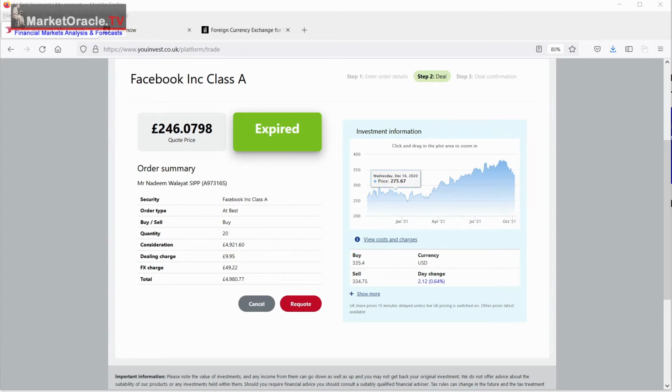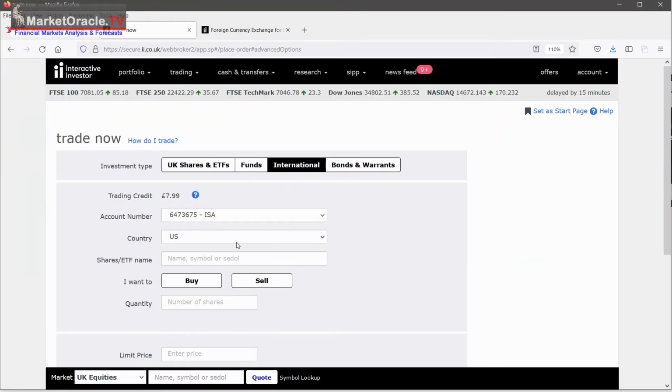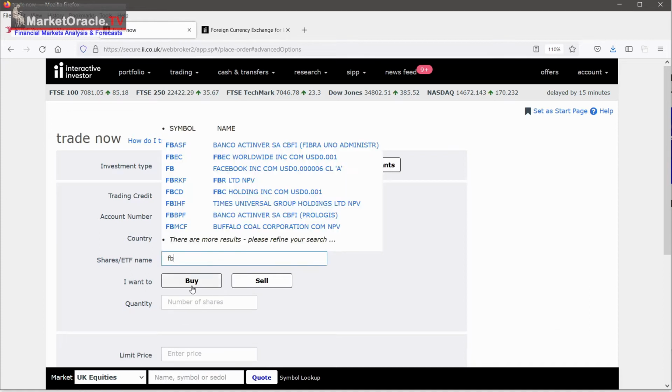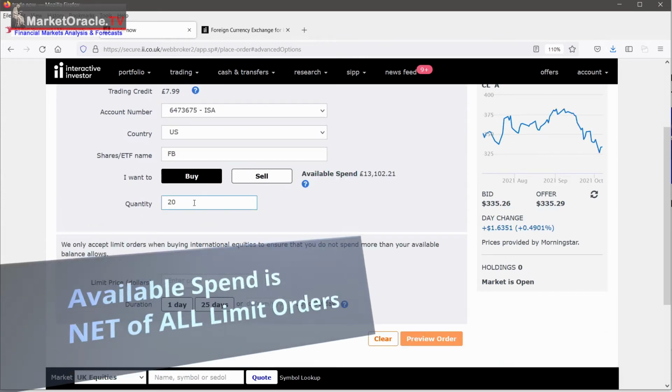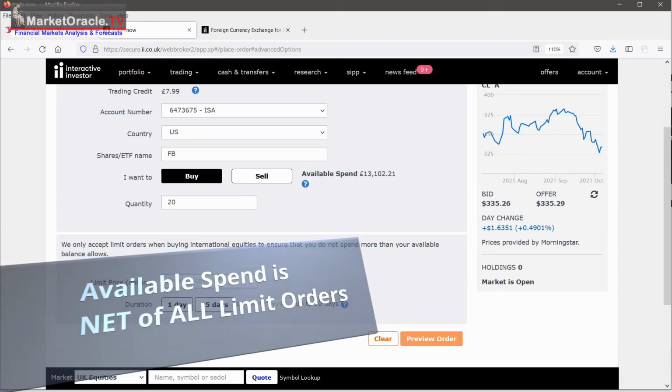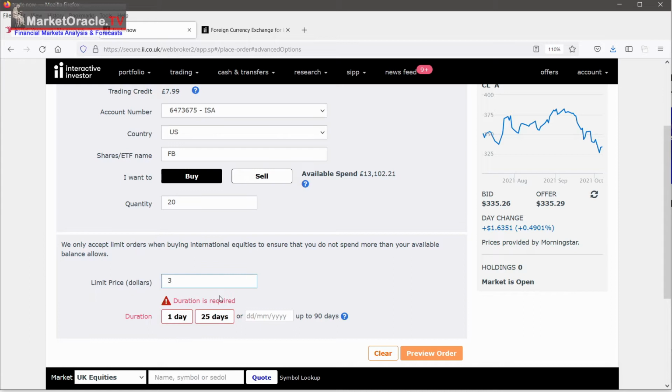Okay, so now let's do the same for Interactive Investor, US, Facebook. There we go, buy 20 shares. Look, they don't give you a spot. Alright, what's the 335.2? We'll use that price, 335.2.